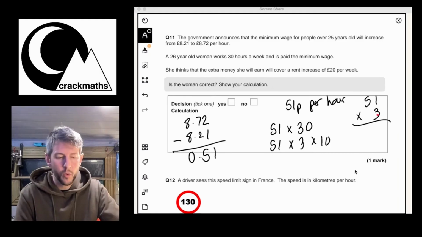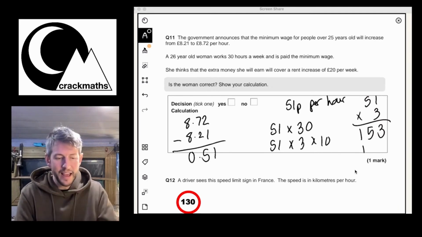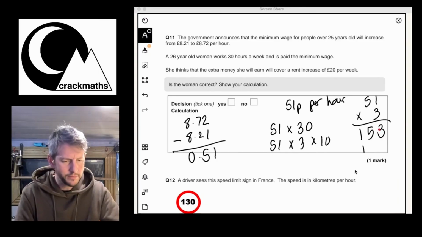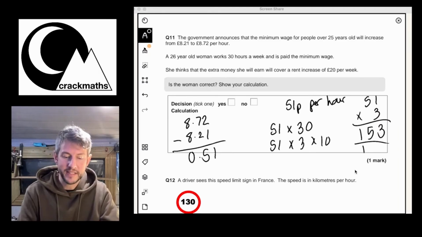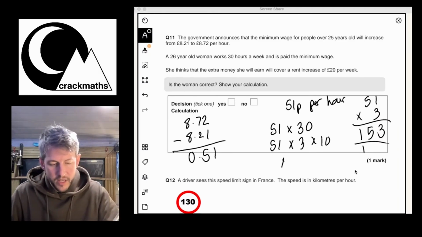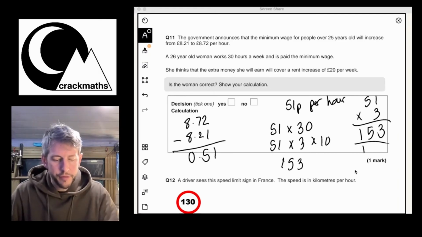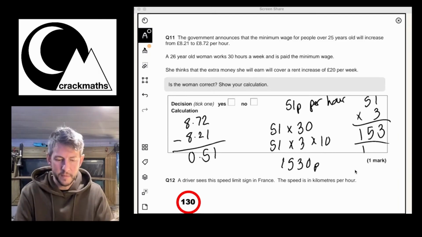So 3 times 1 is 3. 5 times 3 is 15. Okay, now I've got 153 here. Oh no, is that right? Yeah. So this is going to be 153 pence more an hour, but actually we've got to times that by 10. So it's going to be 1530p. So this is going to be her weekly increase.